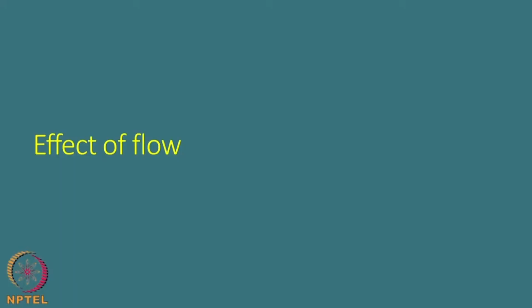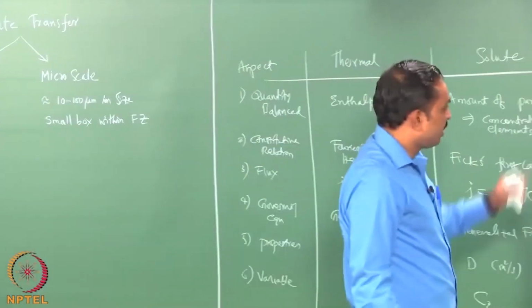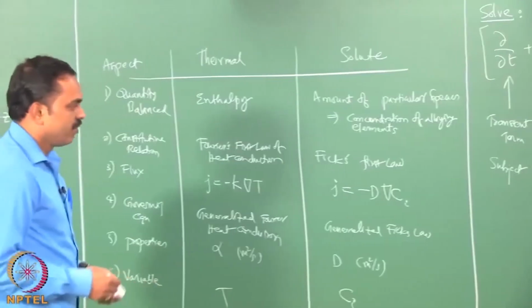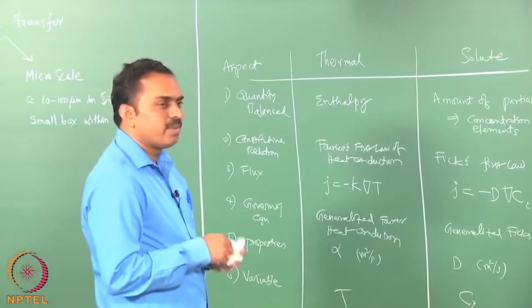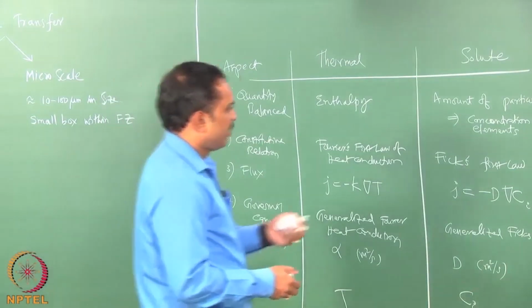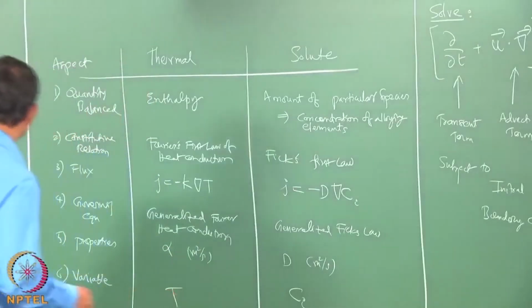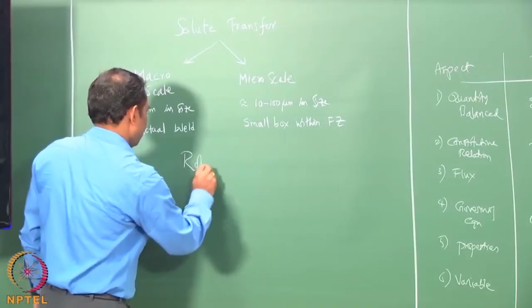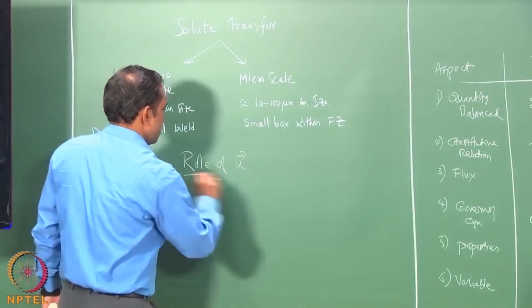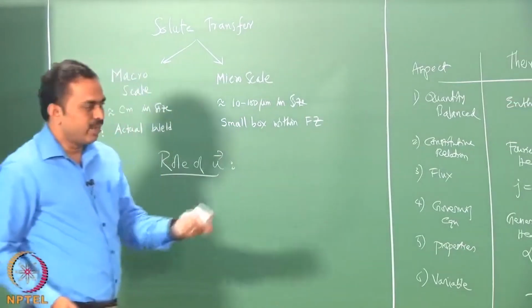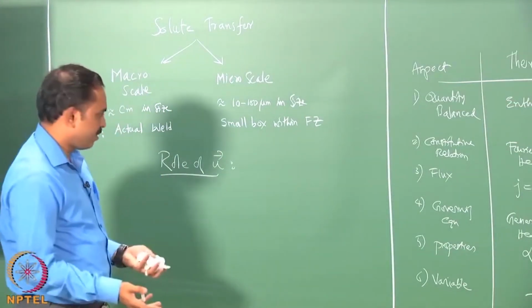One word about the flow, and the reason why these kinds of equations are not very popular in the welding literature and why we normally ignore the solute transfer at the macro scale: I would just mention the role of viscosity, the velocity here. You could see that velocity in the weld pool is coming from 3 different driving forces.